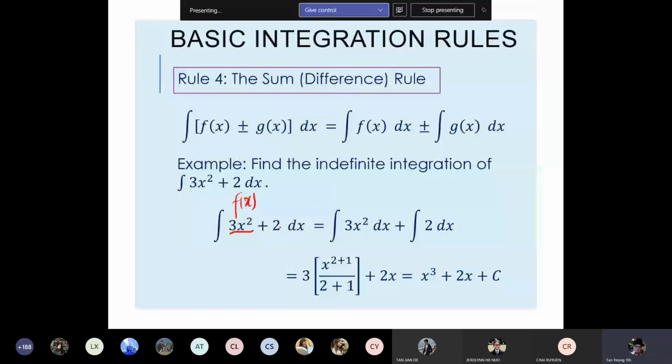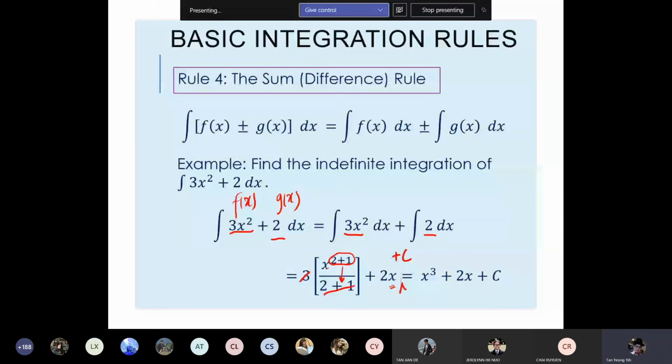So integrate this one: power plus 1, then divided by the new power. And for this one, we just add the x to it. After that, we plus c. Actually, we need to add the plus c here. After we integrate, we simplify.